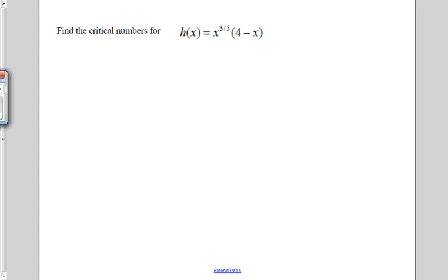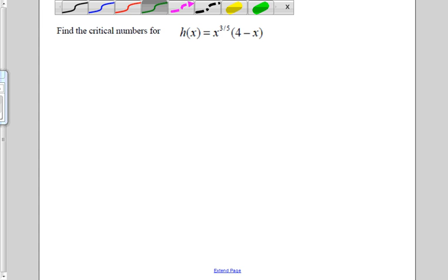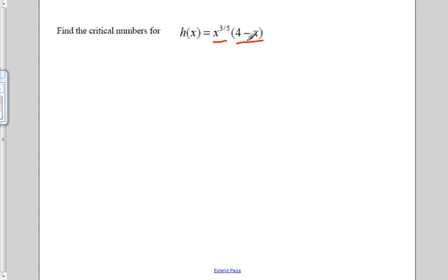Okay, find the critical numbers for this function. Well, here it's a product rule, and I'm saying product rule because there's two functions. There's this function and there's this function. I think it might be easier to distribute the function so that we don't have to even use the product rule.